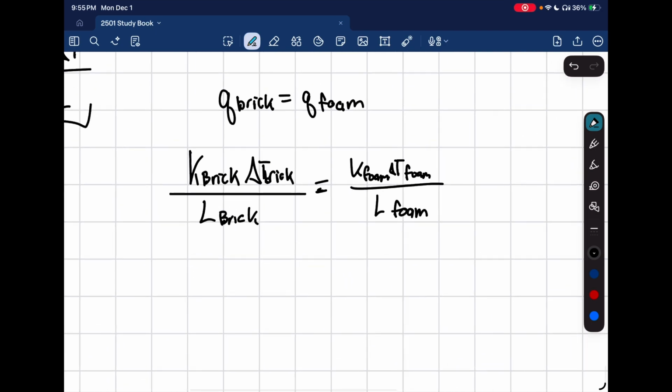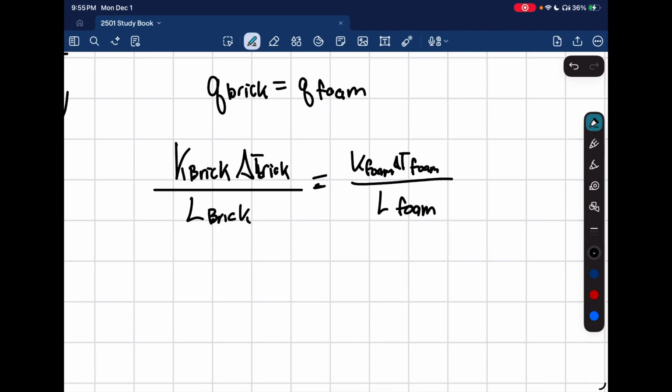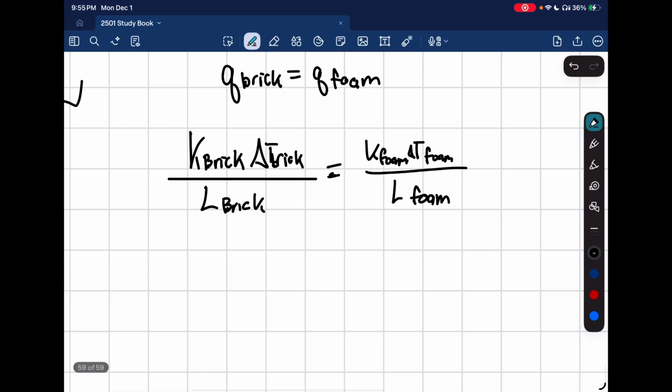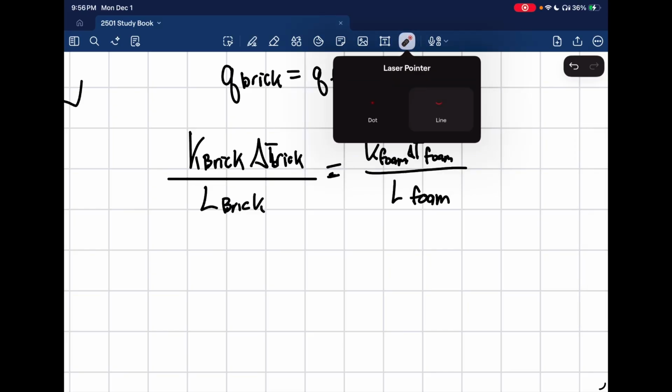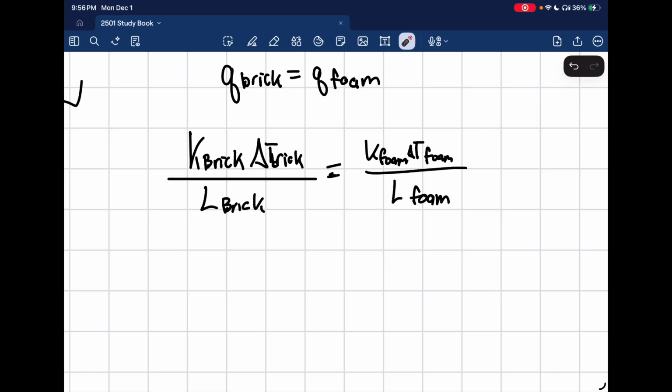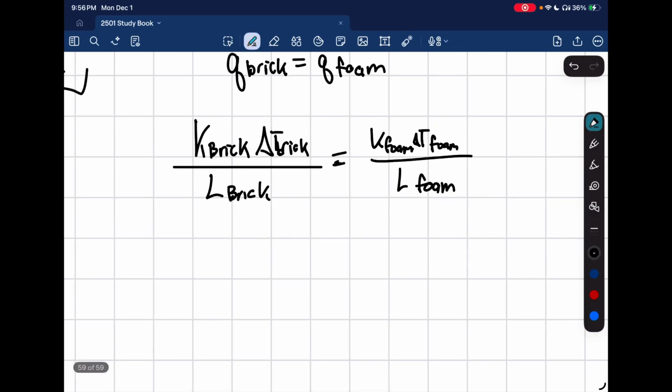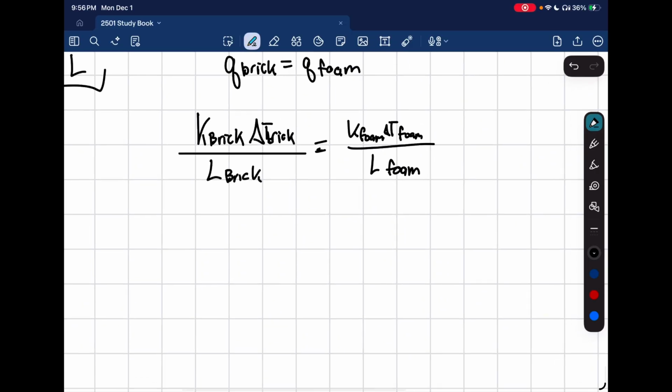So, since we are looking for the change in temperature for one of them, we are going to set up the equation so that we will have one of them isolated on one side. So, let's say we want to find the change in temperature of the foam. We can multiply L to the other side and divide by the K of the foam.